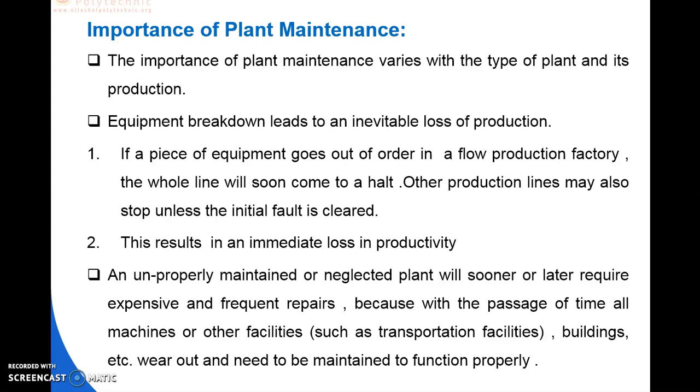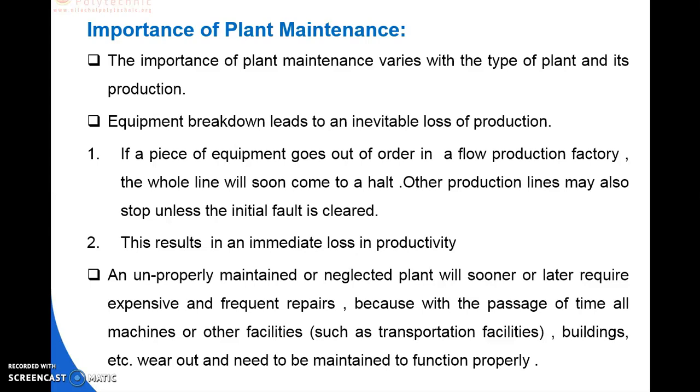We know that in a production factory, all the machineries are arranged according to the product line, or it may be a process line. If the machineries' breakdown effect is not reduced during processing of raw material, it will disturb the flow of product from one machinery to another, and that will hamper the production system.